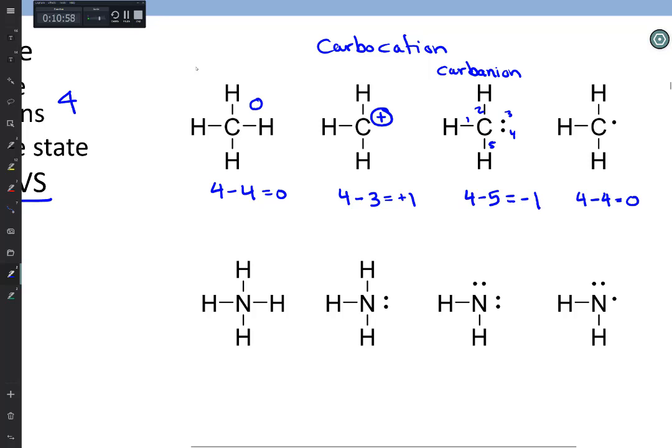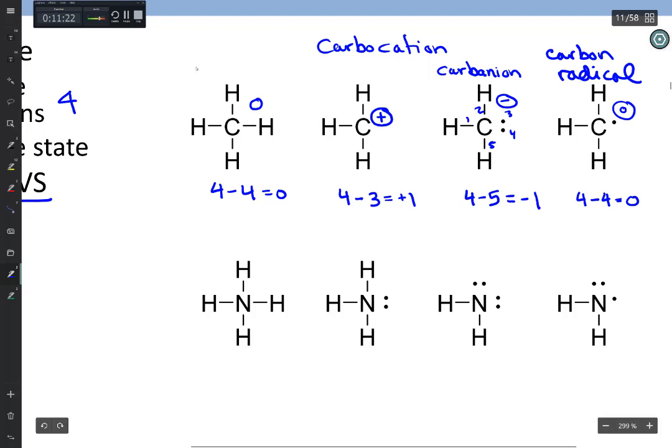These two electrons aren't shared, that's why you count both. This one has just one electron in a bond, sharing one electron. There's no partial charge. This one is neutral. I forgot to put the minus on the previous one because I got carried away. This one is 0. This is a carbon radical. A radical is any odd-numbered electron species. You can tell it's a radical because it's just got a dot instead of a pair.